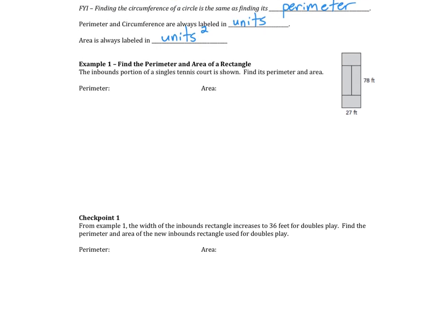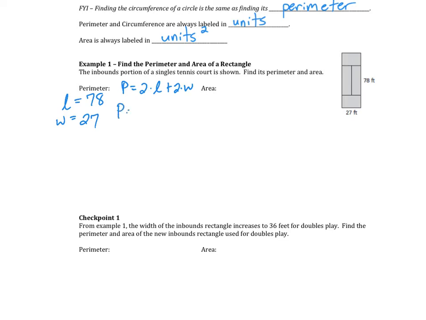The inbounds portion of a singles tennis court is shown. Find its perimeter and find its area. We'll start with perimeter. This is a rectangle, so the perimeter is 2 times the length plus 2 times the width. So let's label what is the length, what is the width. In this one, the length is, we'll call it 78, and the width is 27. I'll be honest, if you have these flipped, if you call the width 78 and the length 27, it's going to give you the same answer.